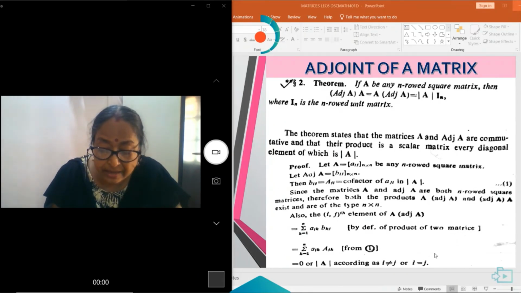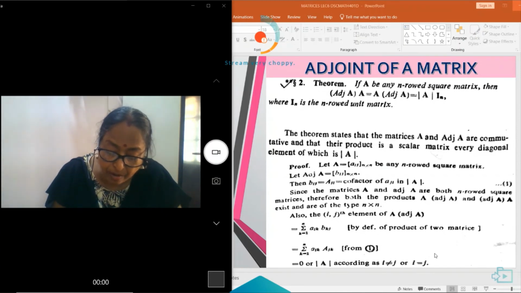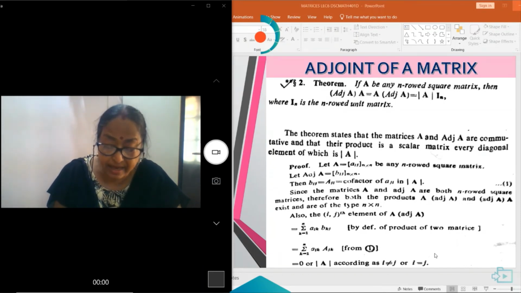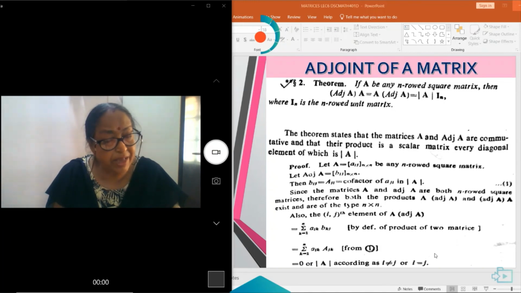Then Bij is equal to the cofactor of Aji in A. Similarly, when we multiply A into adjoint A, then the ij element of A adjoint A is equal to the summation of, as I told you and explained earlier, Aik into capital Ajk, K because the second indices are the same when we multiply them.